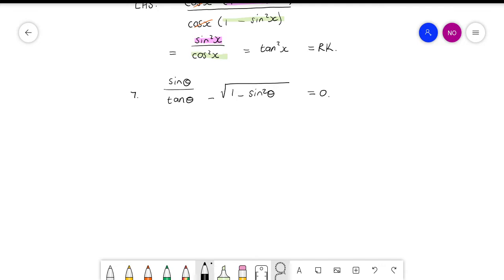Nee, ek het gister in die video ook daaroor gepraat. Kyk net mooi na die. Dit is nie nog 'n identiteit nie, dit is net 'n afleiding wat ons kan maak uit daai ander ene van tan.